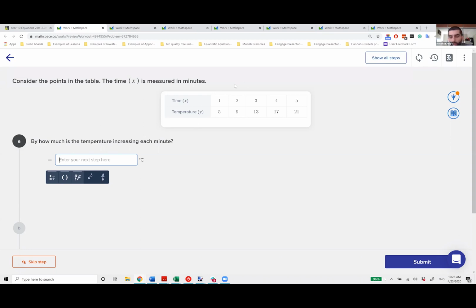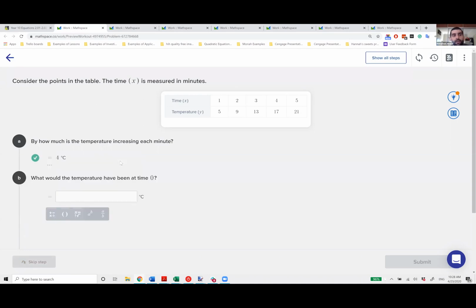Really important to take your time to understand what's going on here. We have time 1, 2, 3, 4, 5, and the temperature starts at 5 and it's going up consistently by 4. All right, so what would the temperature have been at time 0?